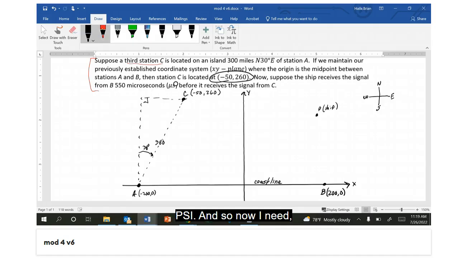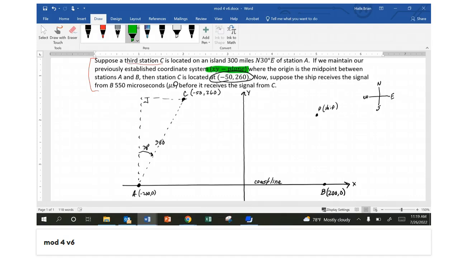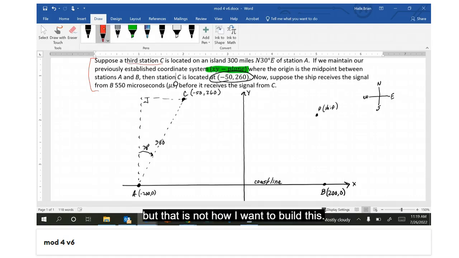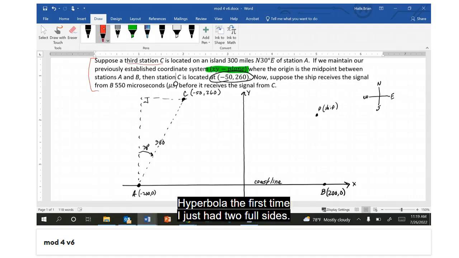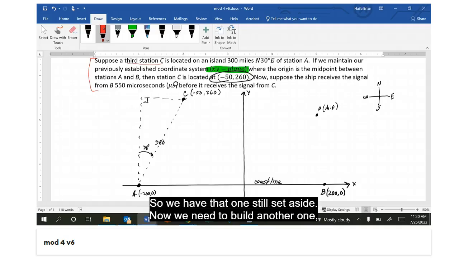I still need everything eventually referenced on the XY plane, but that is not how I want to build this hyperbola. The first time I just had two foci, so I just drew the x-axis right through A and B, and we were good. So we have that one still set aside.